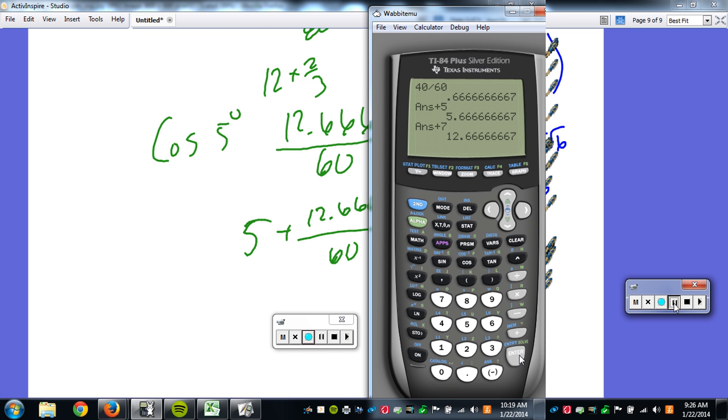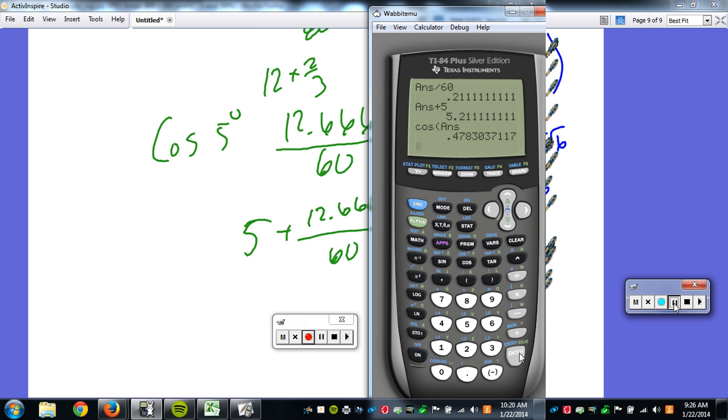Now what do I need to do to this guy? I need to divide him also by 60. And now this tells me how much this is in terms of degrees. Well, it's 0.21111 degrees. But how many degrees do I already have? 5, so I add that to it. 5.211 and so on. Now what did I want to find? The cosine of that. So I hit cosine of that answer.